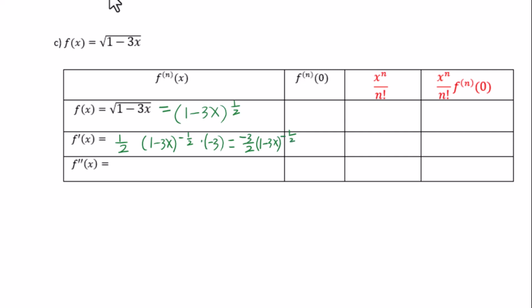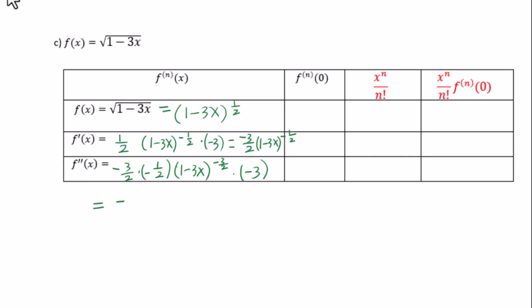For f double prime of x equals negative 3 over 2 times negative 1 over 2, times (1 minus 3x) to the negative 3 over 2 power, times negative 3.